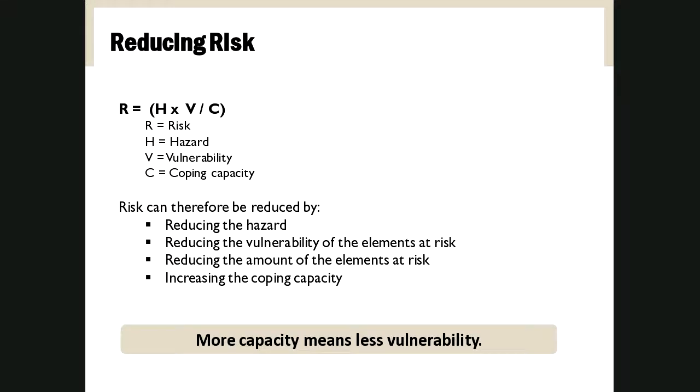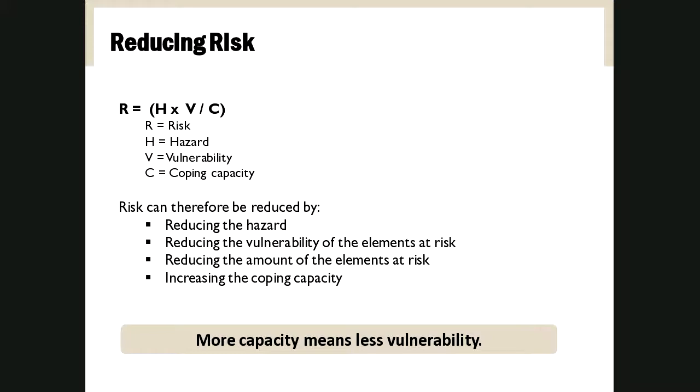If you reduce the vulnerability, then the risk is going to be less. If you increase the capacity, you're going to reduce the risk. So if you can do all three, if you can reduce the hazard, reduce the vulnerability, increase the capacity, then we're going to be reducing the risk.